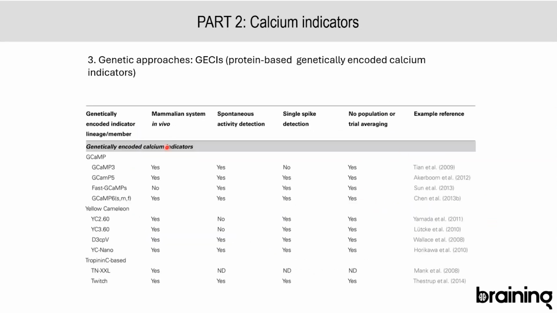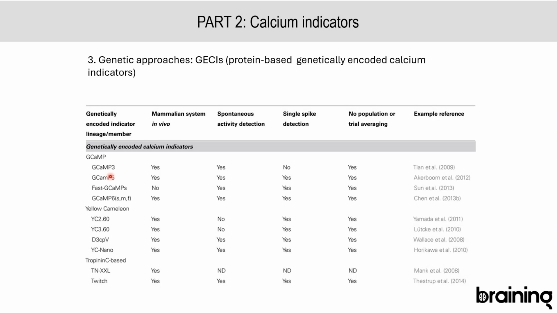Once again, just to give you an idea, there are different types of GCaMP. How do we choose a GCaMP? Some of them are faster than others to measure this calcium signaling.